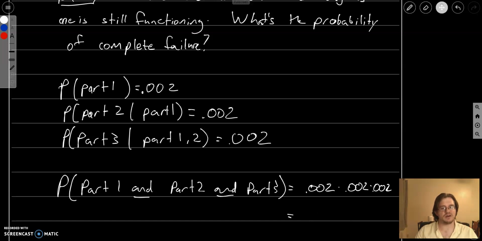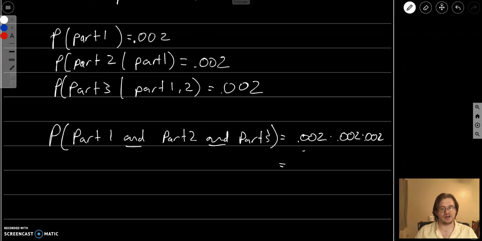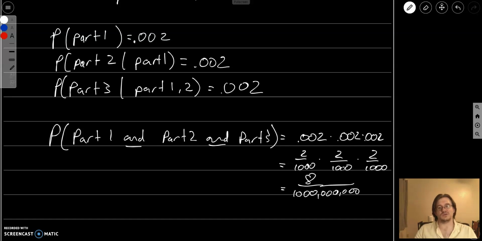I think an easier way of looking at this will be: this is 2 thousandths, this is 2 thousandths, and this is 2 thousandths, which is the same thing as 8 over 1,000,000,000, which is 8 billionths.